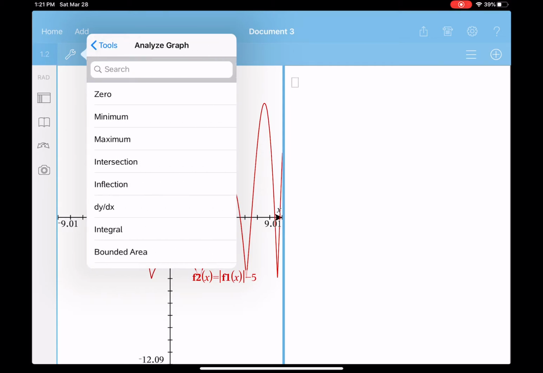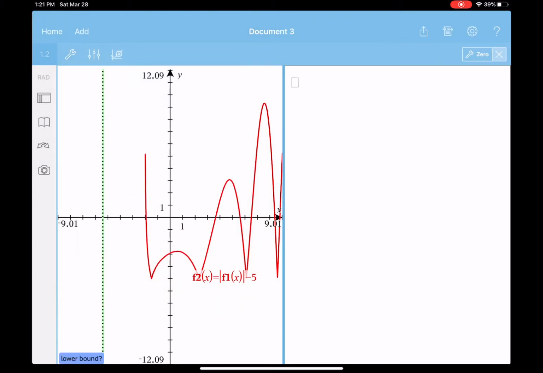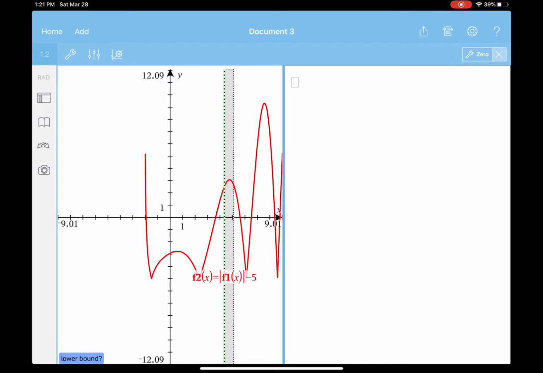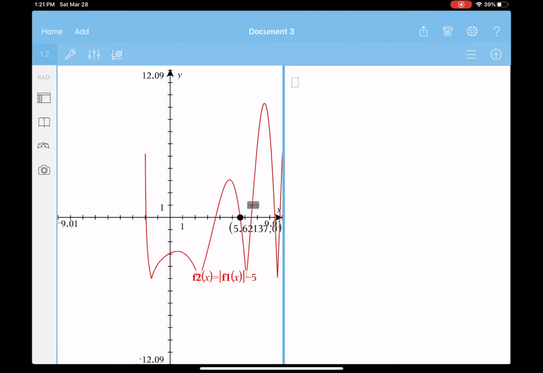We're going to analyze the graph. We want to find a zero. And then I'm just going to drag this over. Let's see, that's a 1, a 2, a 3. So this first one is in between 3 and 4, so we don't want it. We're going to want the first one here, and then drag the right-hand side over here. And then here's our first value at 5.621.